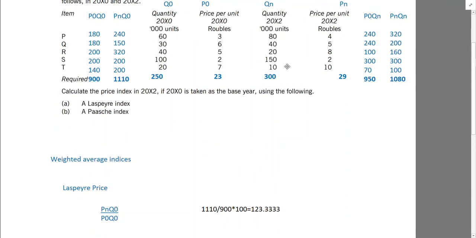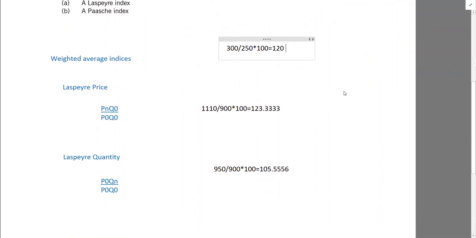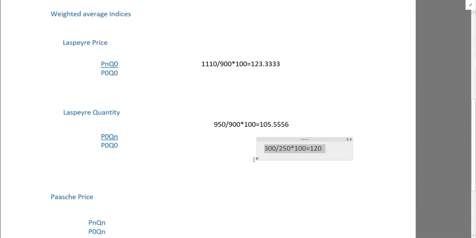If we look at the simple quantity changes, which is 250 quantity and 300 quantity, it gives us 120. But this says quantity has changed only 105, comparing it to price.